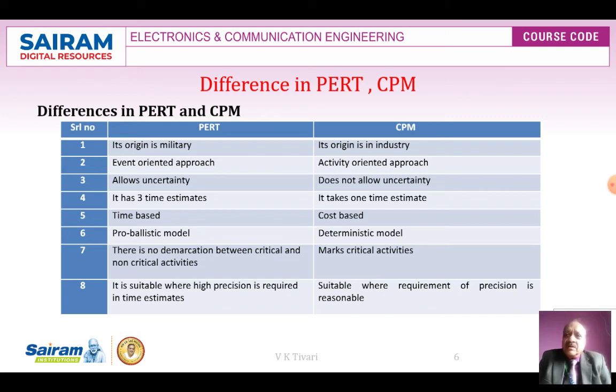PERT is an event-oriented approach, whereas CPM is an activity-oriented approach. PERT allows uncertainty, but CPM does not allow any uncertainty. PERT has three time estimates, whereas CPM doesn't take multiple estimates, only one time estimate.